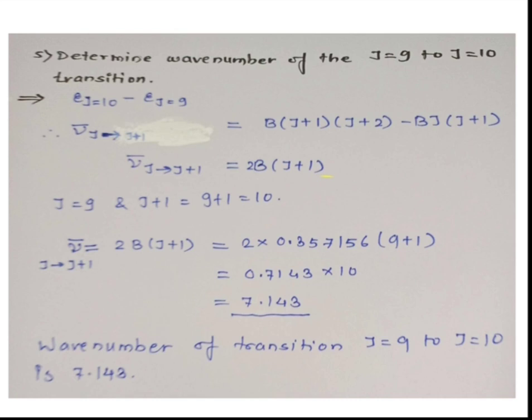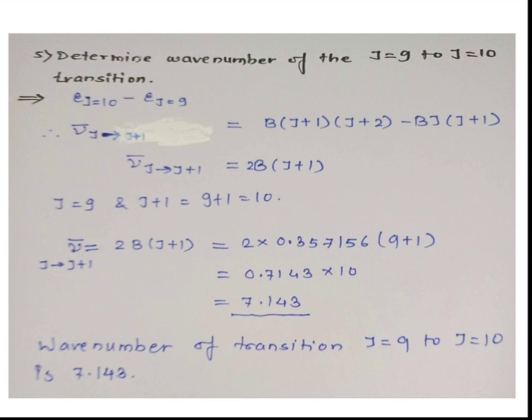This is the wave number equation, the actual equation. So they have given us J equal to 9 and J + 1 equal to 9 + 1, which is 10. So the transition occurs from J = 9 to J = 10. Just put the values in this equation and find out the ν̄ value, or the wave number value.